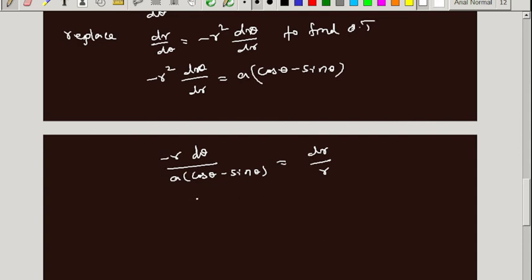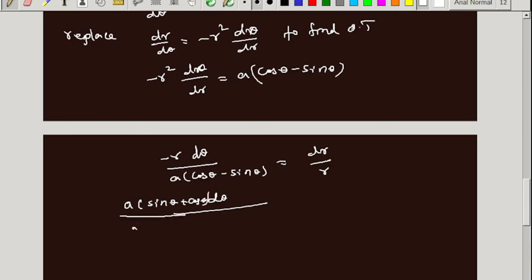Here the minus is multiplied in, and r, from the given question, is a into sin theta plus cos theta.